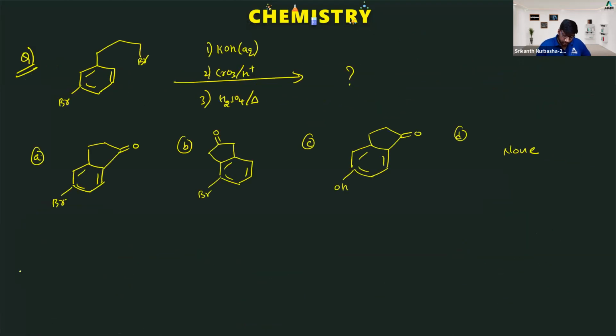Try to solve this question. Benzene connected with CH2, CH2, CH2Br, and on the benzene you also have a carbon bromine bond. That is treated with a set of reagents: aqueous KOH, CrO3 with H plus, and H2SO4 on heating. Produces what type of compound?